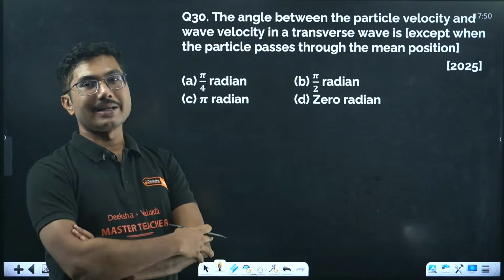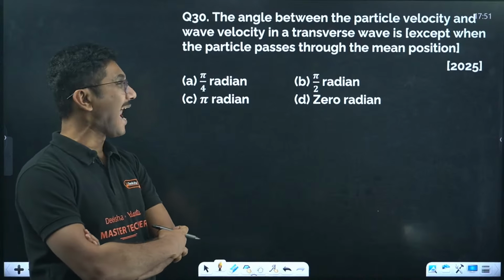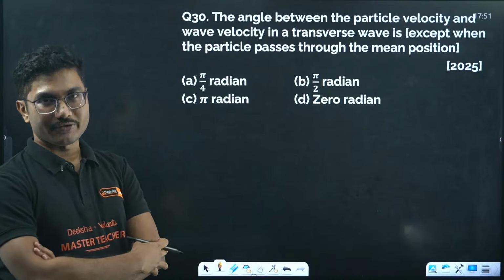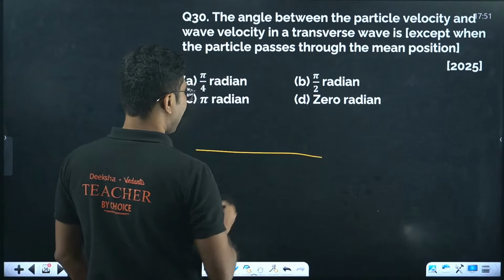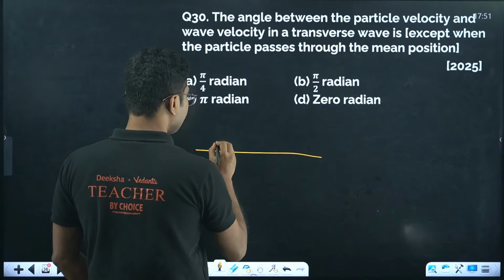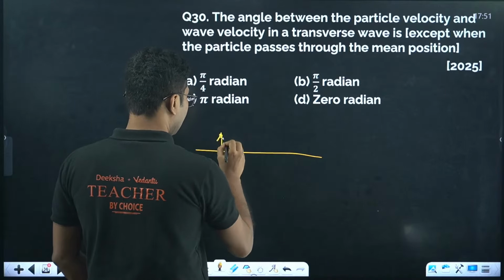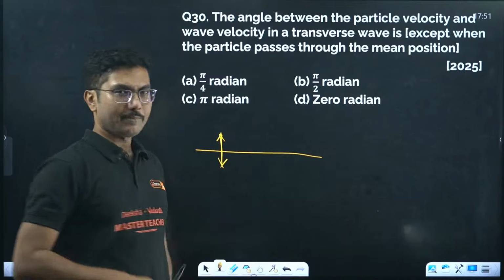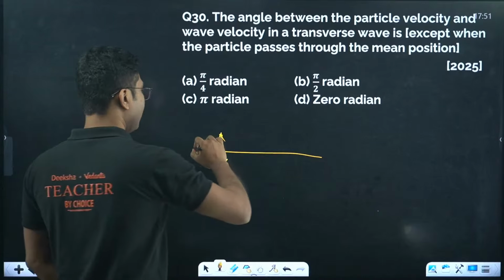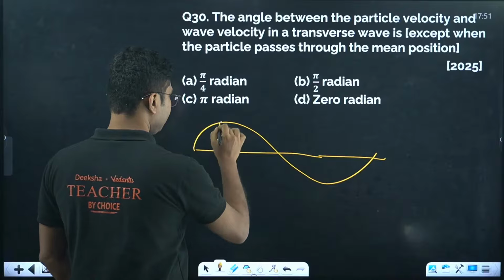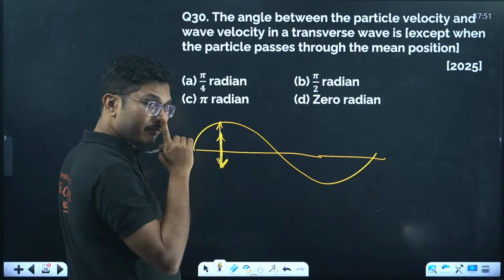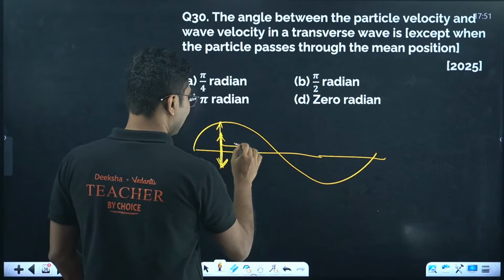Angle between particle velocity and wave velocity in a transverse wave. In a transverse wave, the particle vibrates in this direction, and the wave is propagating in this direction.